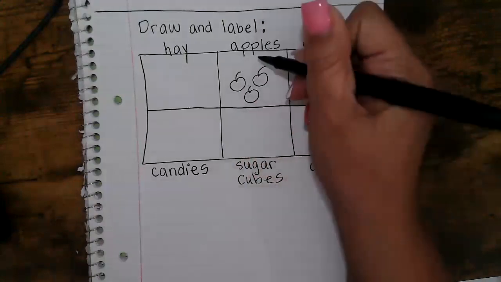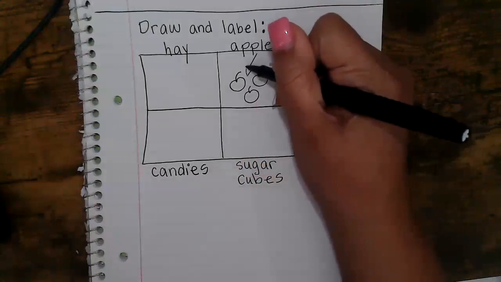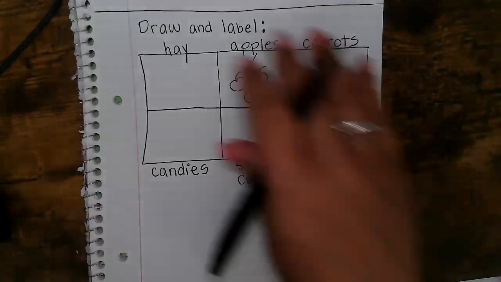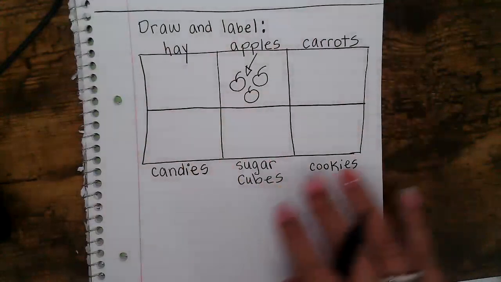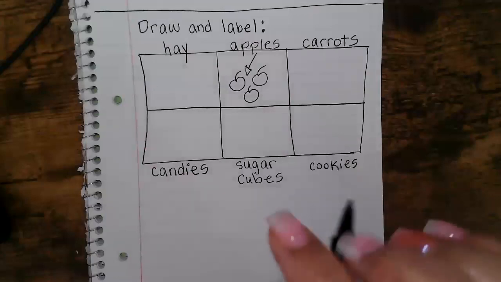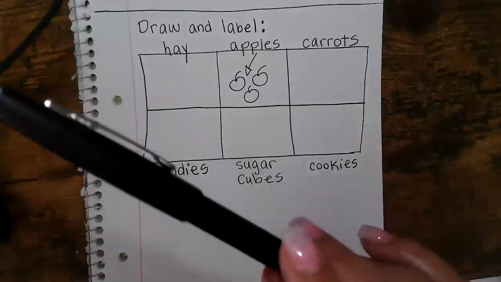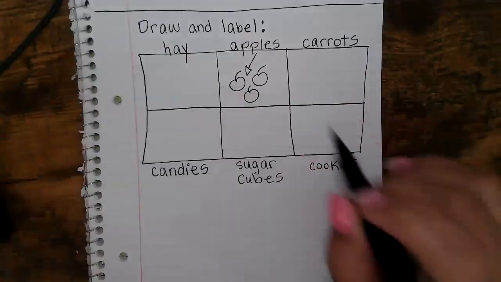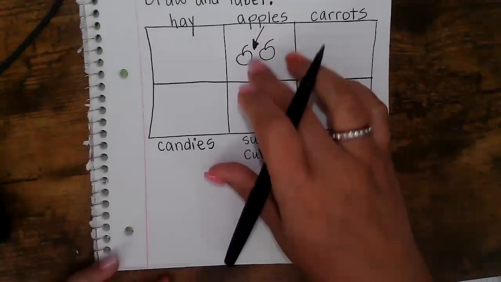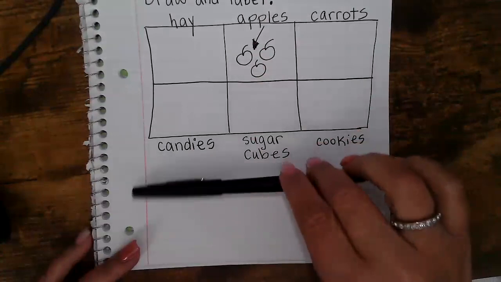Here are my apples, right? You're going to make pictures for each of these things. This should take a couple of minutes, and don't forget to make the little arrows pointing to what you've labeled and what you've drawn.